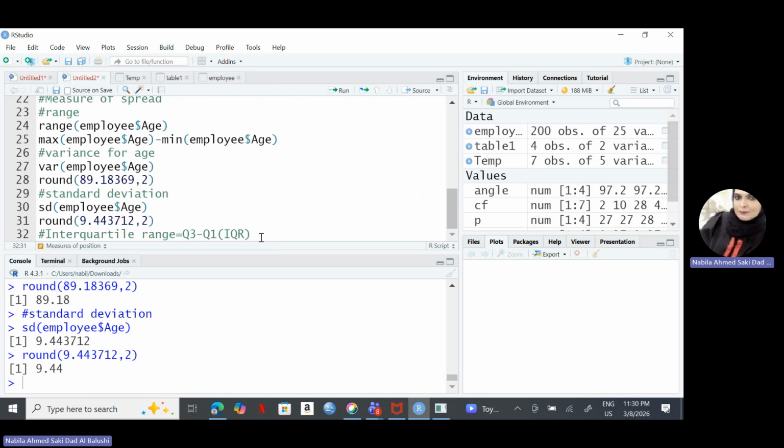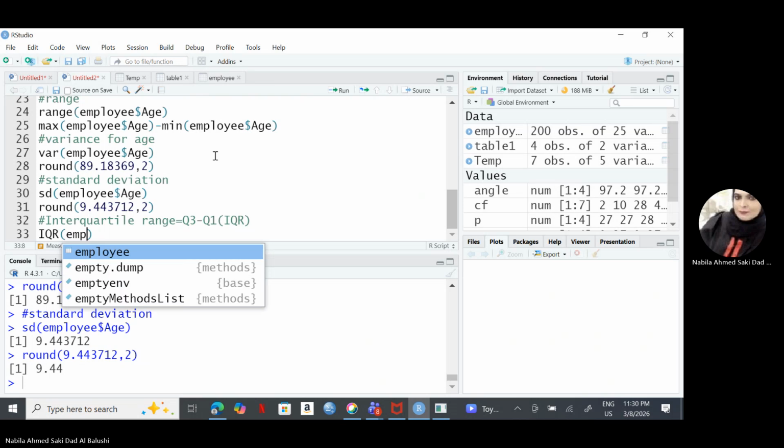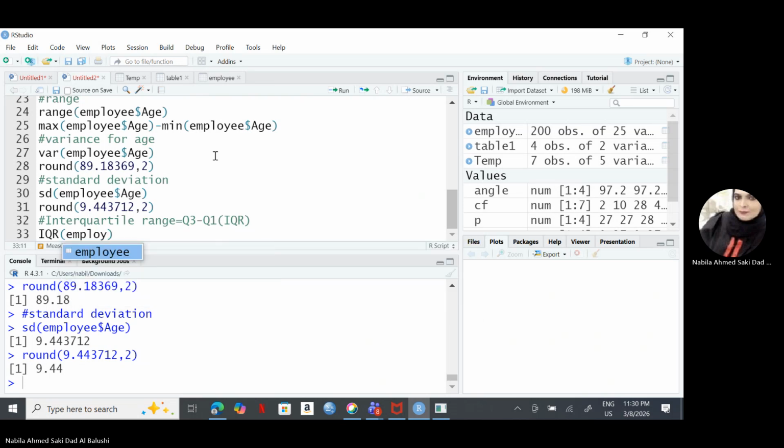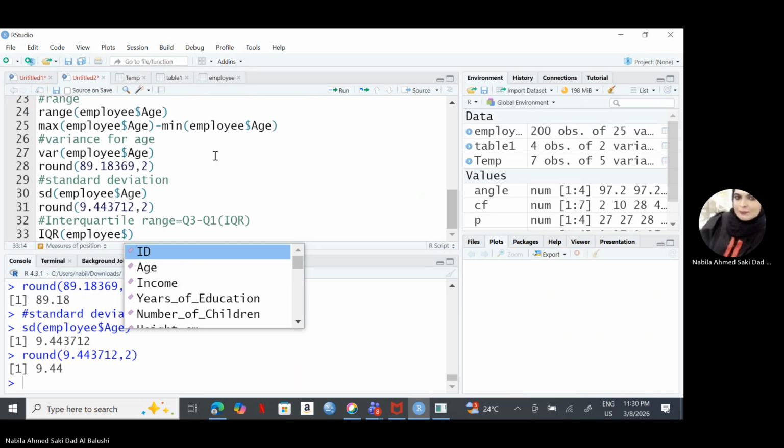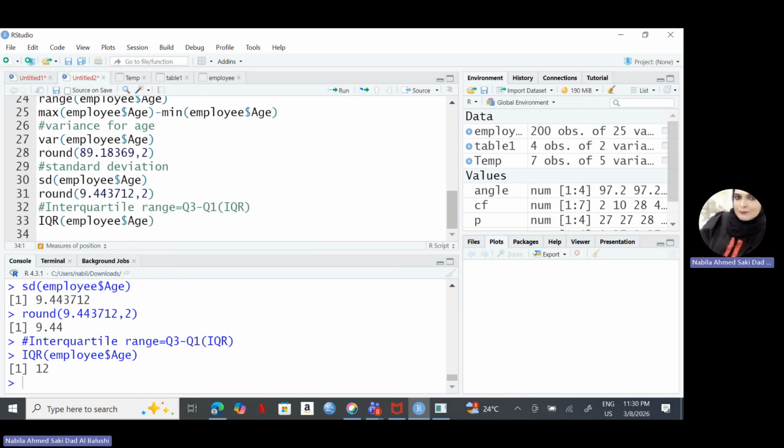For the interquartile range, either you find Q3 minus Q1 using the command quantile, or just use the command IQR, employee$age. So this is the interquartile range.